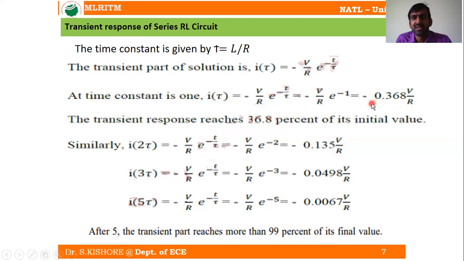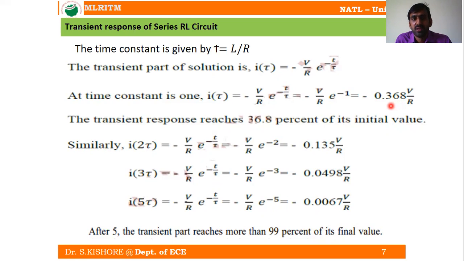So that means the transient response at the first instance reaches only 36.8% of its initial value at t is equal to tau is equal to 1, right?